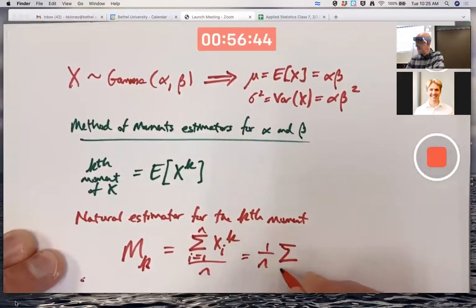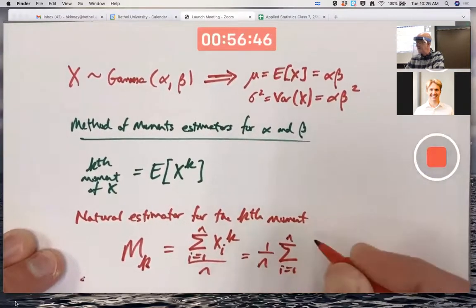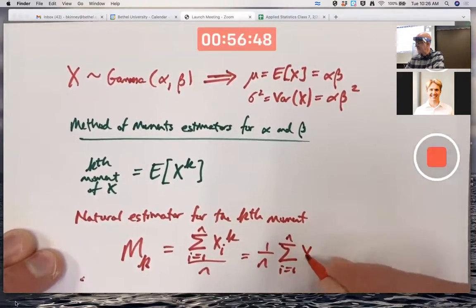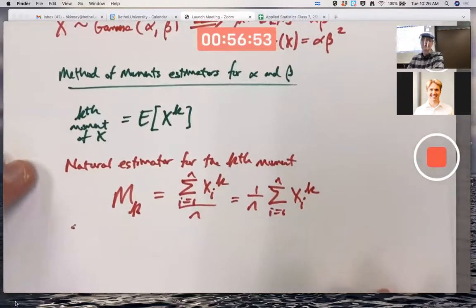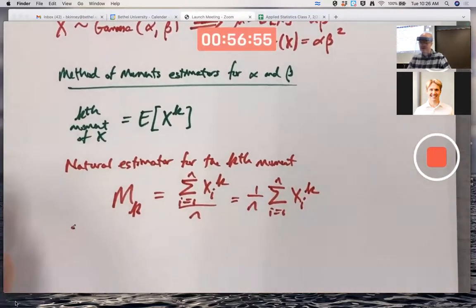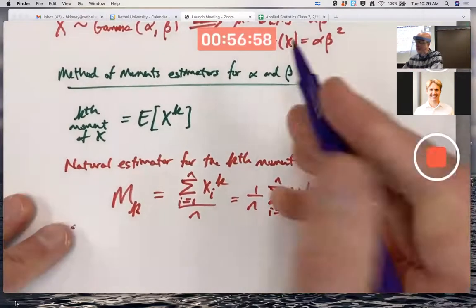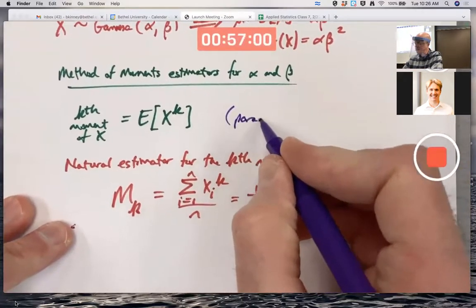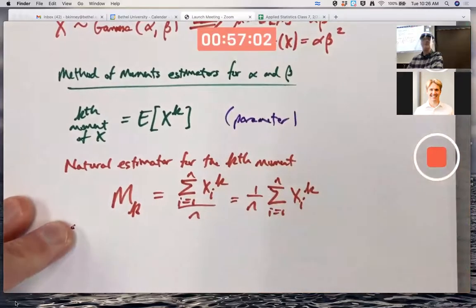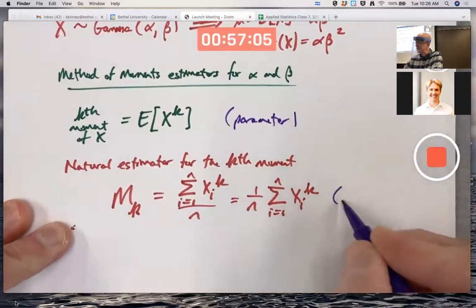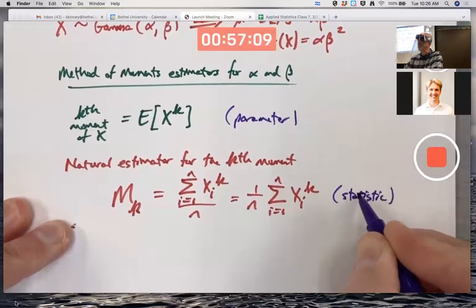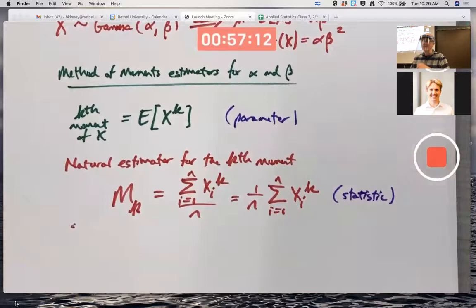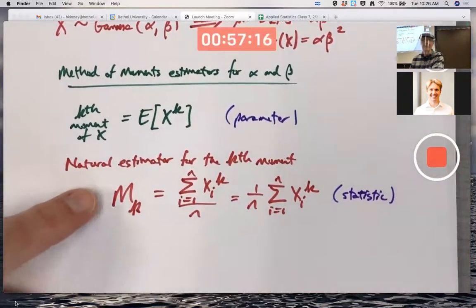It's a mean. You're averaging not the xi values themselves, but the xi values to the kth power. That's a statistic. This one is a parameter. It's a fixed but unknown number. This one is a statistic, a function of a random sample. Which then means it itself is a random variable.